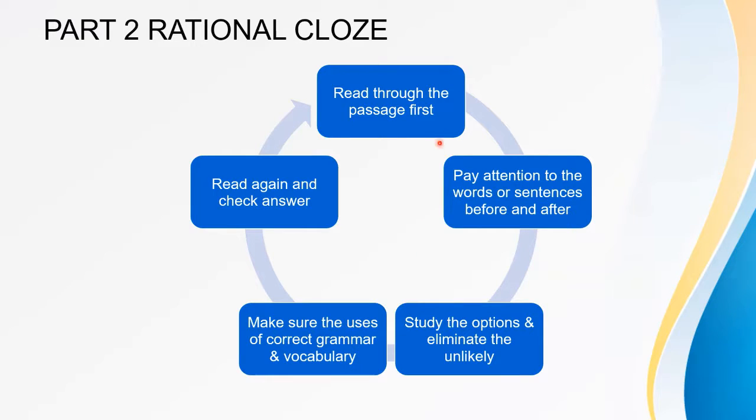Okay, right. When choosing the answer for each blank, pay attention to the words or the sentences before and after. Pay attention, especially when you need to choose the correct answer. Next, study the options given and eliminate the unlikely ones.